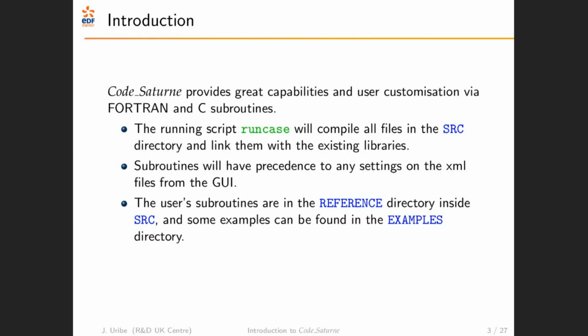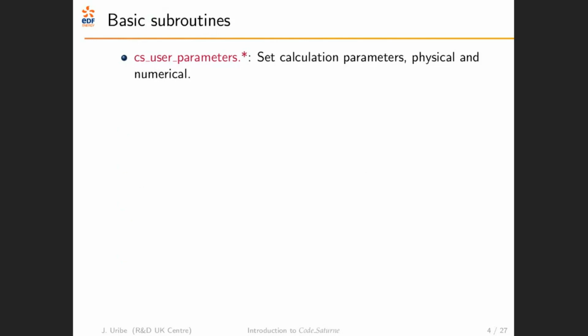We're working on that, and they're in the examples directory. There's a long explanation in the user guide and also in the developer's guide of Code Saturn. You should get those PDFs in your installation of Code Saturn or on the website.